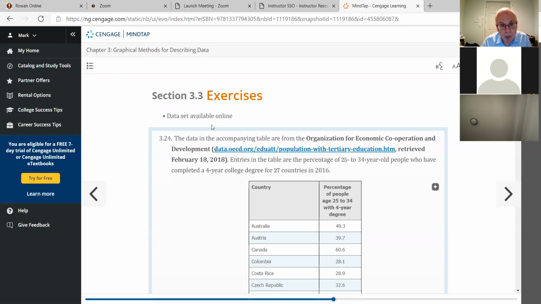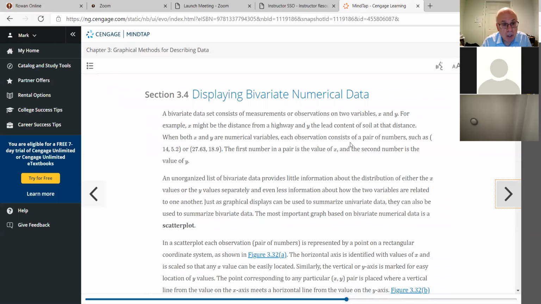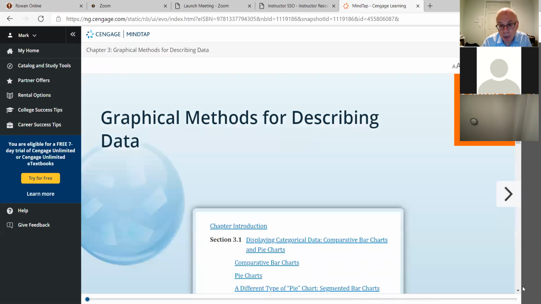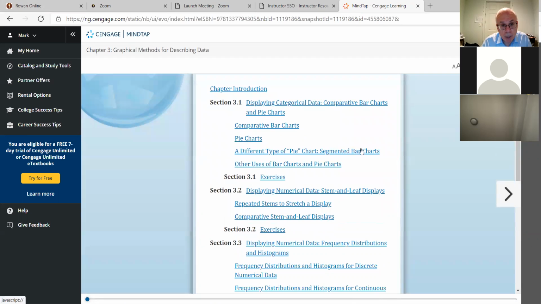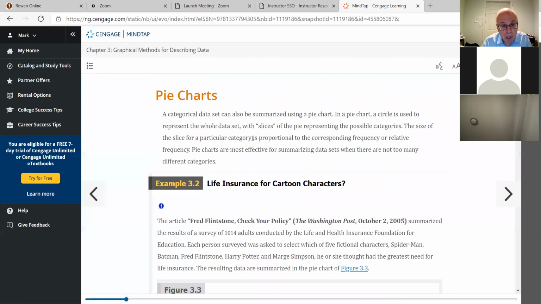But if you want to get out of this kind of loop here, you hit the arrow key and then go back to the main screen, and then you can pick the correct section that you want to start in. All right, so if you want to read about pie charts, you just click that, and then it takes you right to the pie chart section.